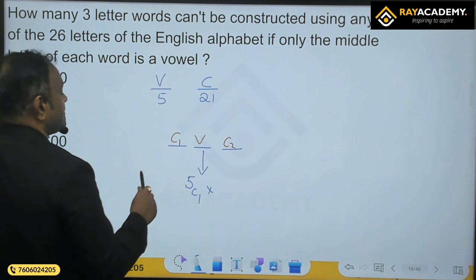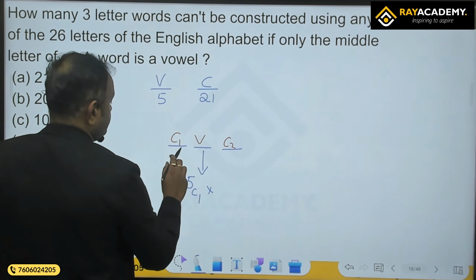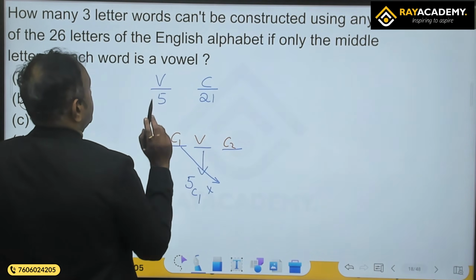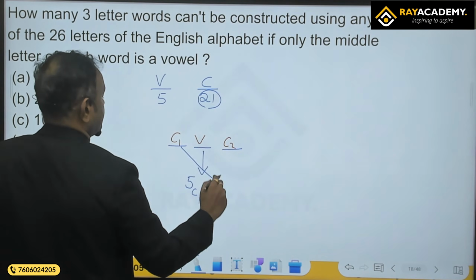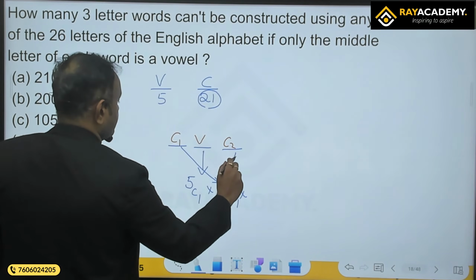Now come to the consonant part. For consonant C1, there are 21 consonants in total, so that can be done in 21C1. Next come to C2.